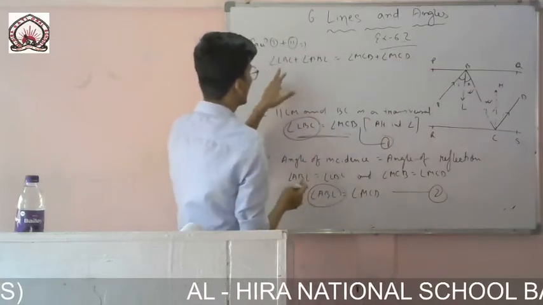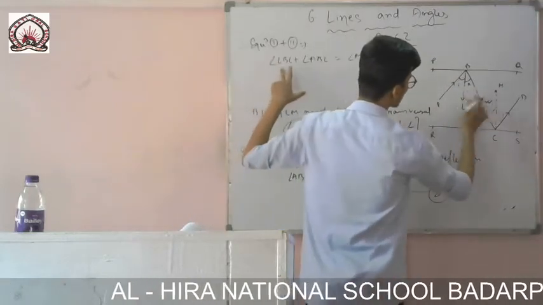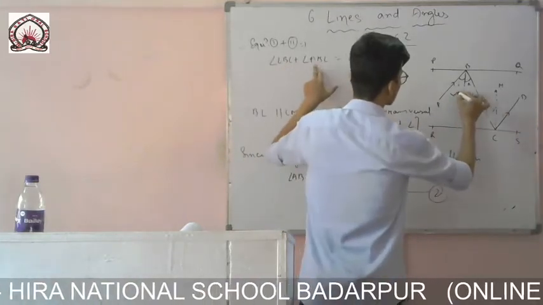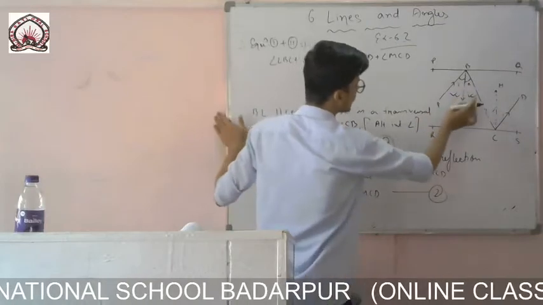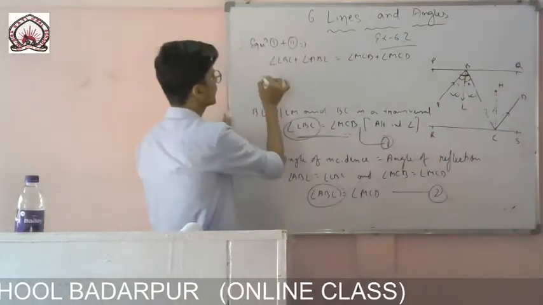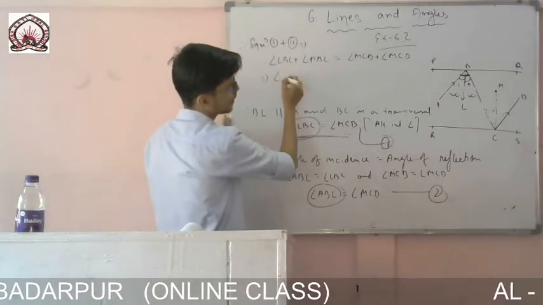LBC, this angle, plus ABL, this angle, that means this is the whole angle. This one plus this one means this whole angle.